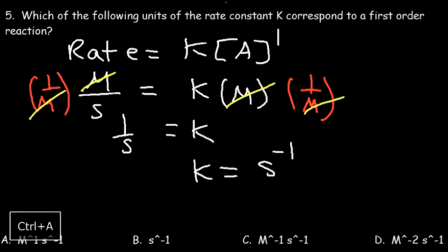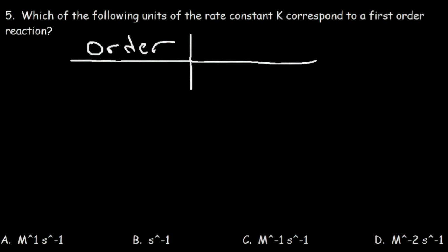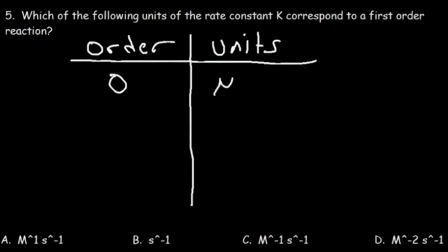Now for any order, you can solve it the same way, but here's some things that you need to know. For a zero order reaction, the units will be M to the first power, s to the minus 1.